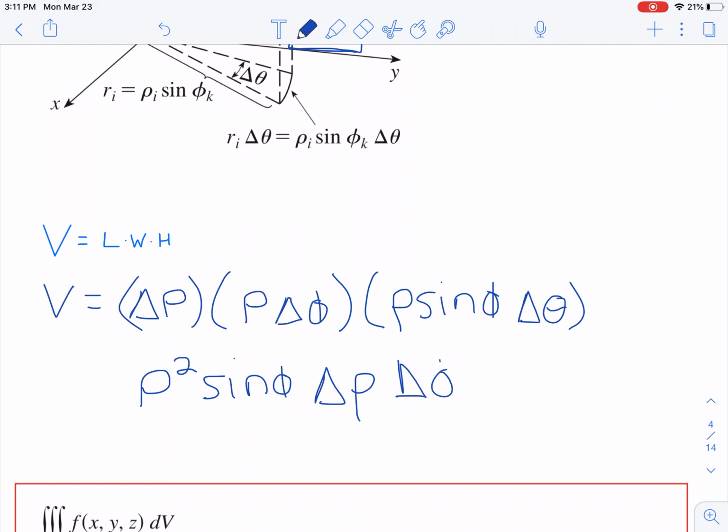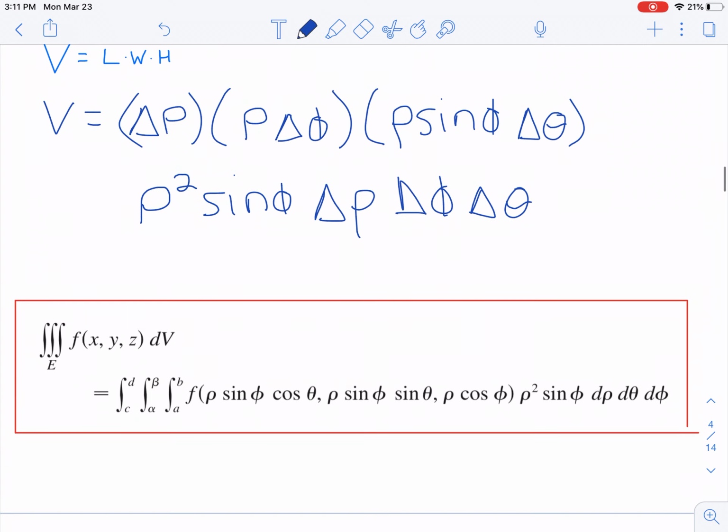And so what this tells us is at the end, when we go to do our integral, so I know this seems crazy long, this just means take the function and convert it to spherical coordinates. But then what we got is, in polar coordinates, we had to put an r here, if you remember. In cylindrical coordinates, we just had to put an r at the end. Now we have to multiply by this rho squared sine phi.